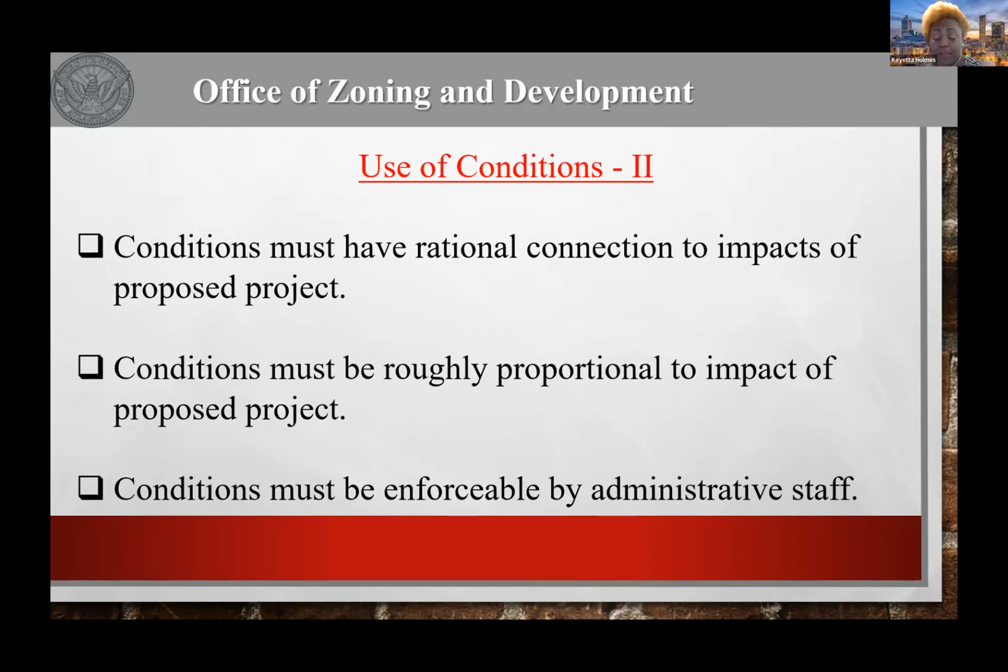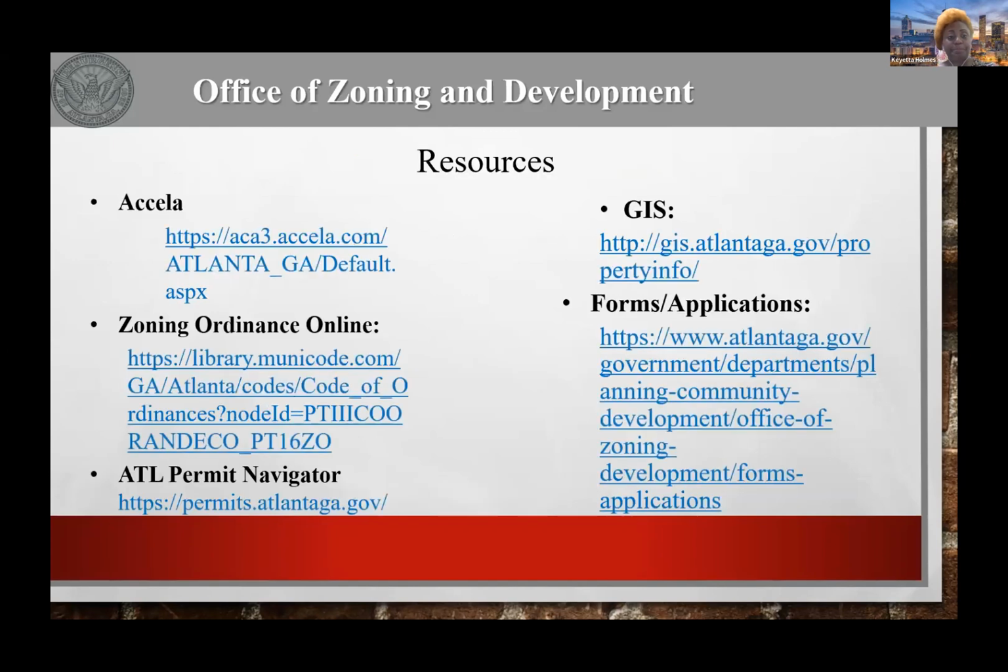I said, okay, sure, I'll send it to Code Busters and zoning enforcement can come out and check it. If zoning enforcement gets out there and they can't check it because it doesn't make sense or it wasn't something that was enforceable, you're mad at me because I put a condition that we couldn't enforce. So let's not do that.